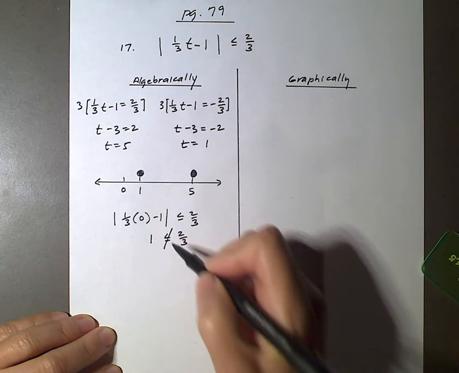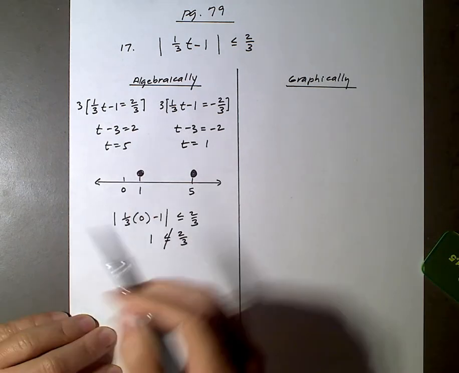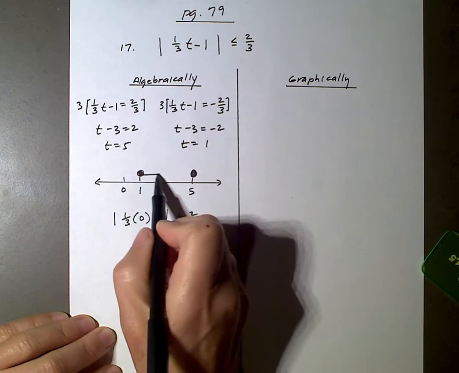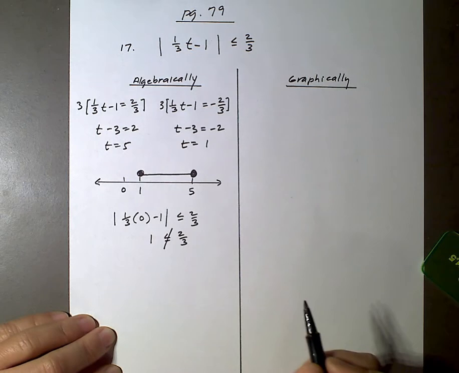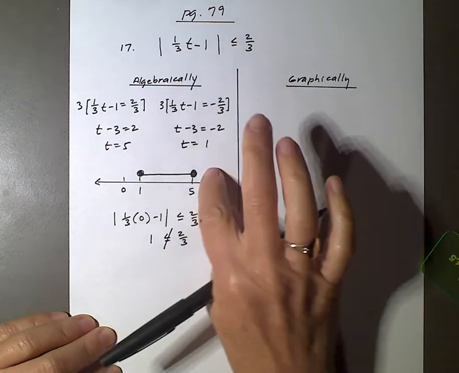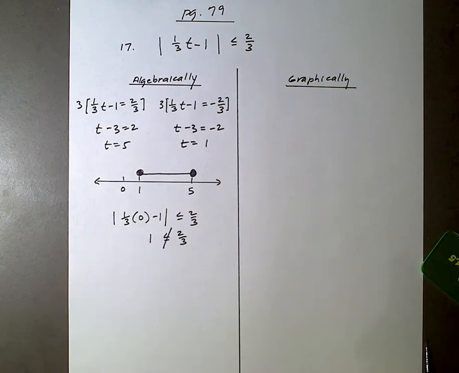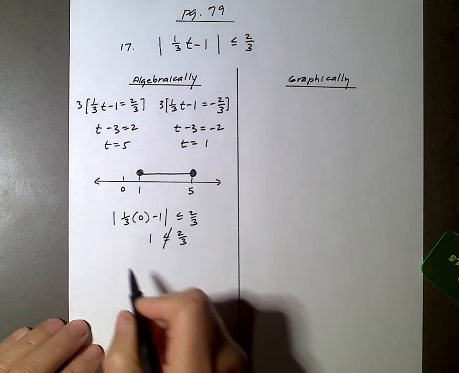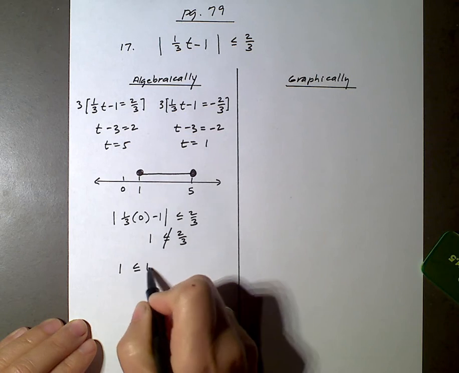So anything in this interval with 0 is not included in the solution set. So everything in here should be. And if you test a high value up here, like say I test 9 to the right, it won't work. Anything between 1 and 5 will. So my solution is that 1 is less than or equal to t, which is less than or equal to positive 5.